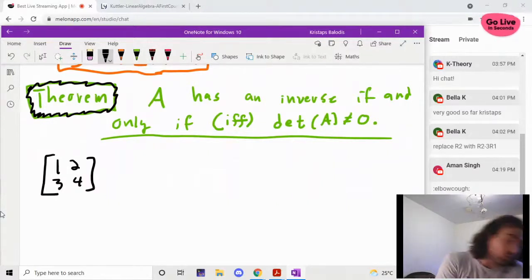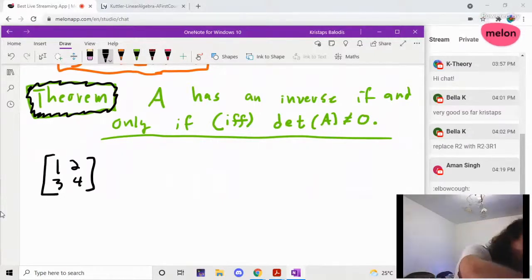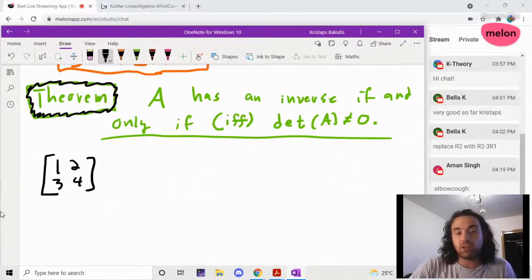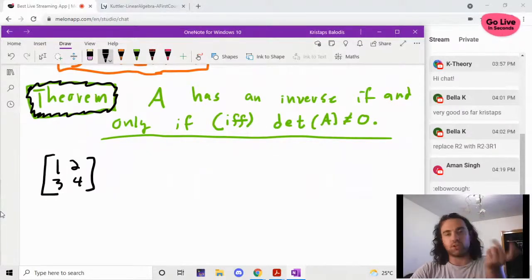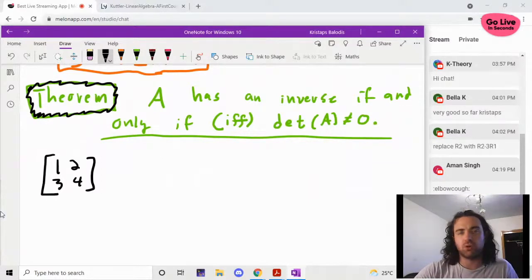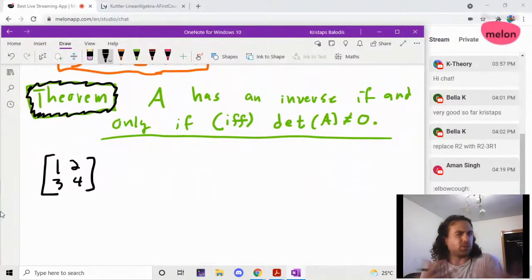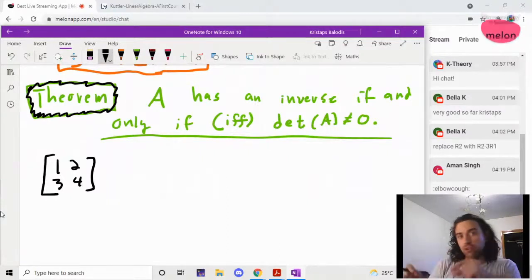This is a great way for you to also get practice using all the concepts in class. So if someone tells you a matrix has an inverse if and only if the determinant is not equal to 0, then go and write down a couple of 2x2 matrices. Hopefully you find one or two that are invertible and some that are not. A 2x2 matrix won't take you too much time to play around with, turn into reduced row echelon form, and find out if it's invertible or not.